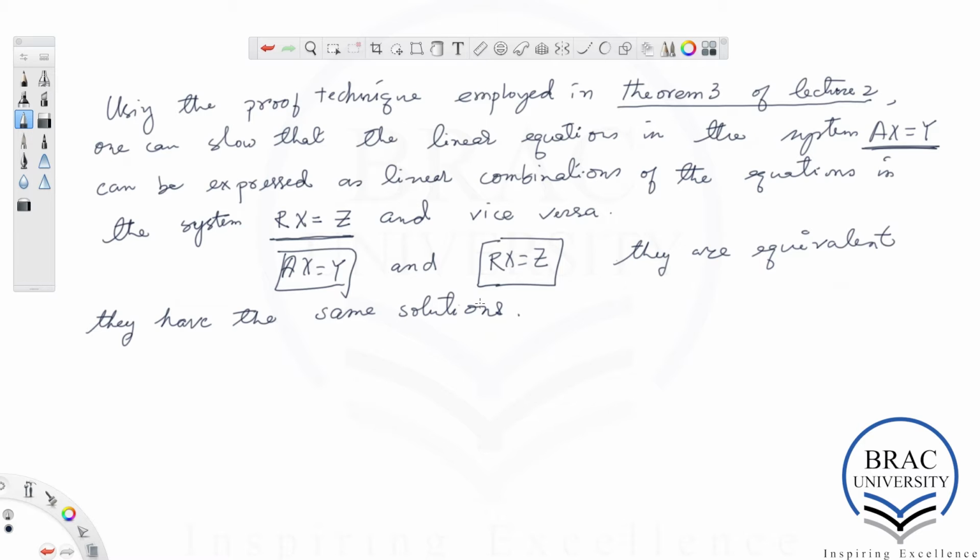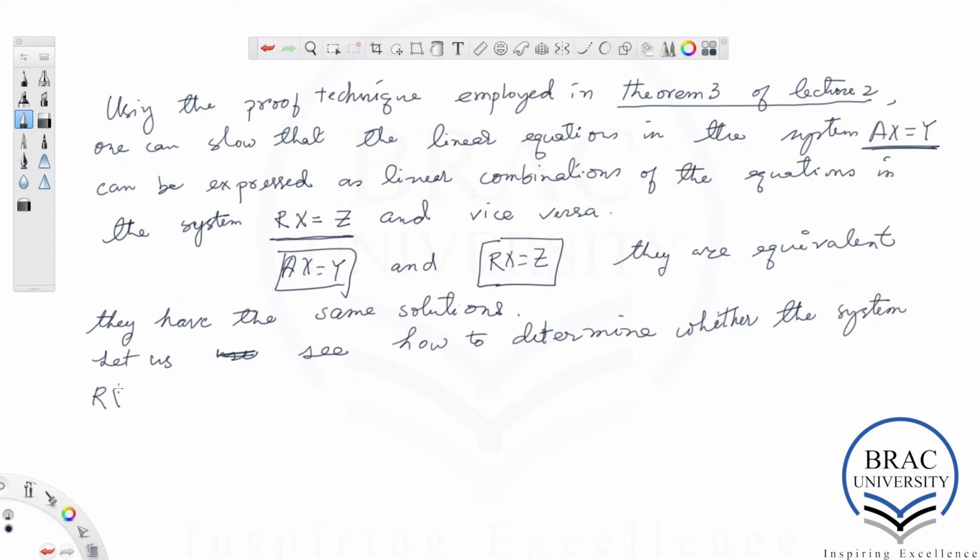Let us see how to determine whether the system Rx is equal to Z has any solutions.